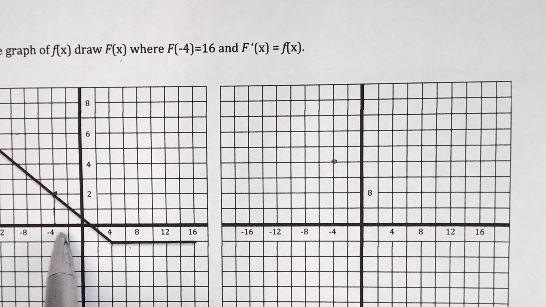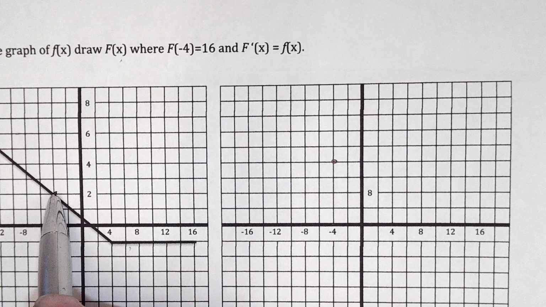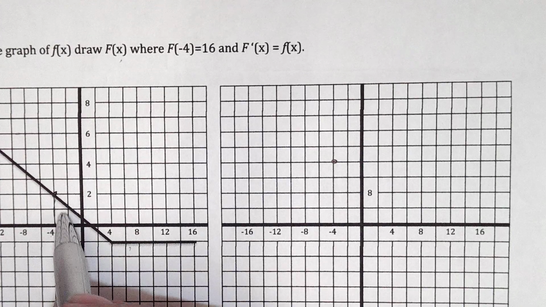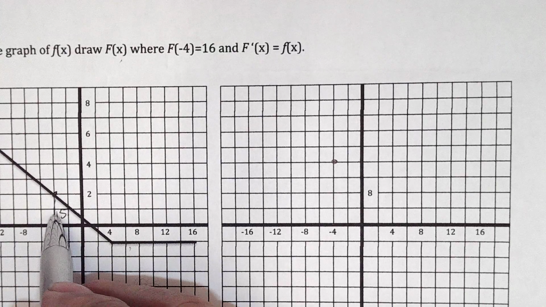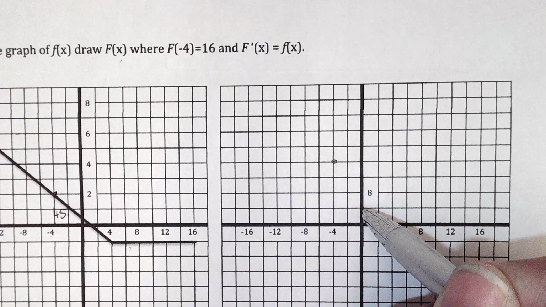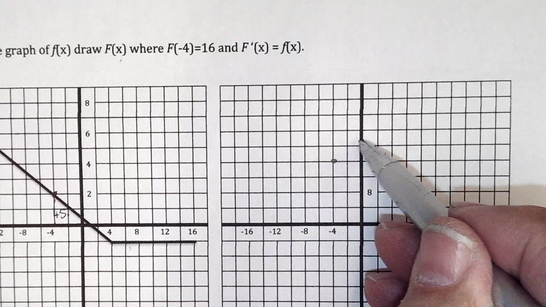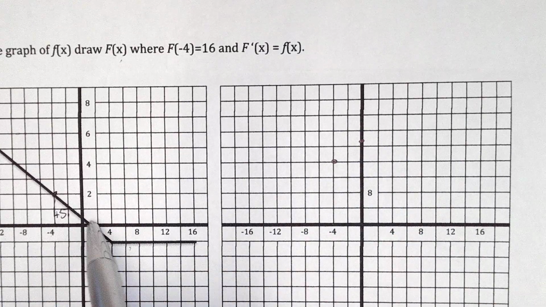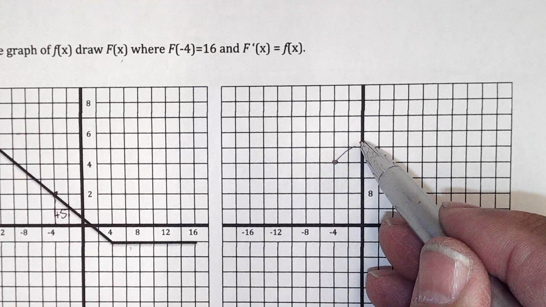That's 2, 4, 5 by 2 is an area of 10 and a half, 5, plus 5. So my graph here has to go up 5. 4, 4, 4, 4. 5 would take me to there. And it's going to a slope of 0 from a positive slope going to 0.